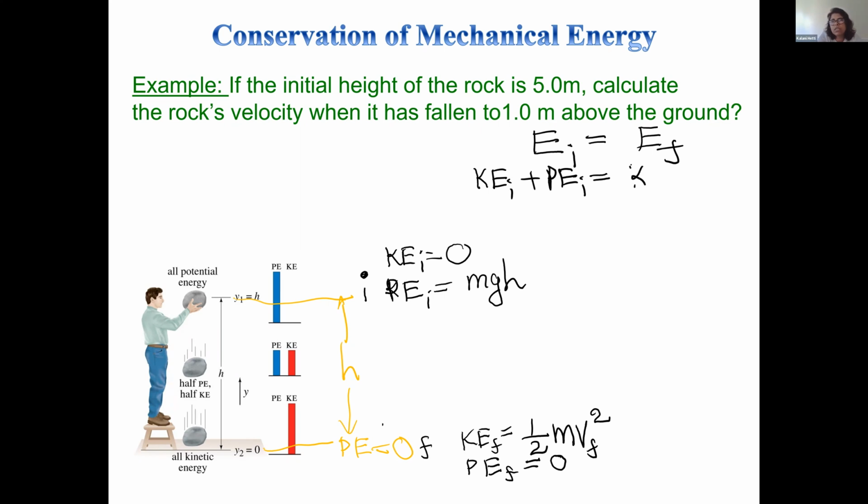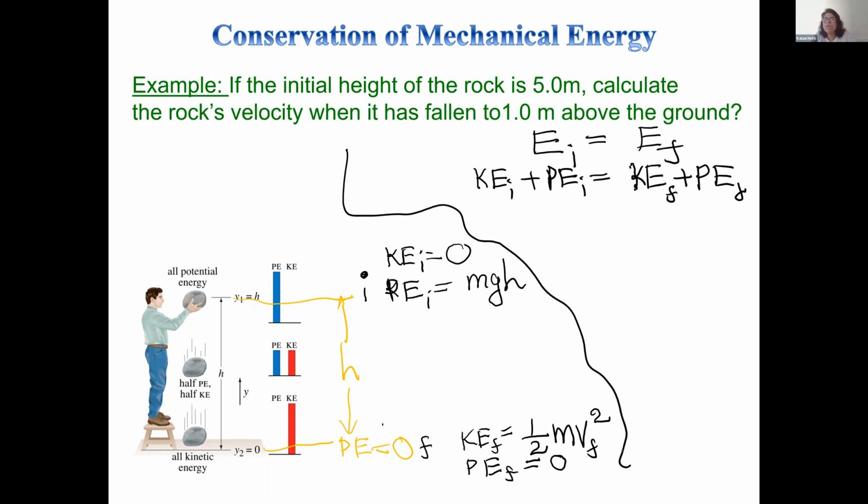So the final kinetic energy plus the final potential energy. Now I don't have a spring here. If you have a spring, you definitely need to use the spring potential energy too. Since the initial kinetic energy is 0, I can cancel it, and the final potential energy is 0.